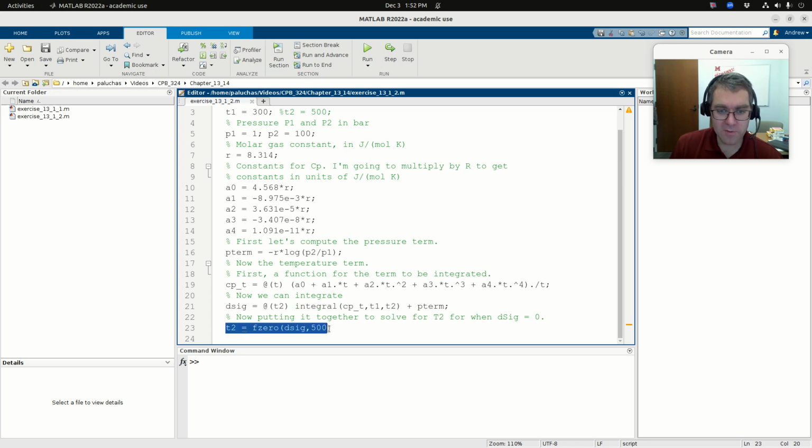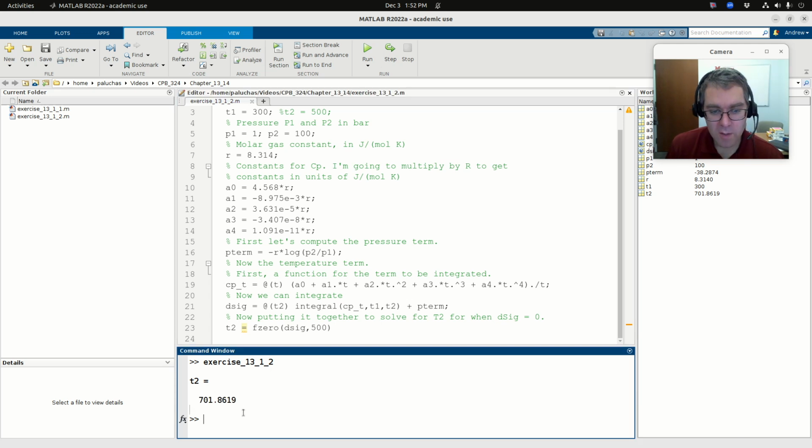Then I'll use my friend F0 to solve for the corresponding temperature, T2. I'm going to vary the value of T2 until this evaluates to 0, and I'll start with an initial guess of 500. Running it, it converges, and I get a temperature of 701.9 Kelvin. That's all I had to change.